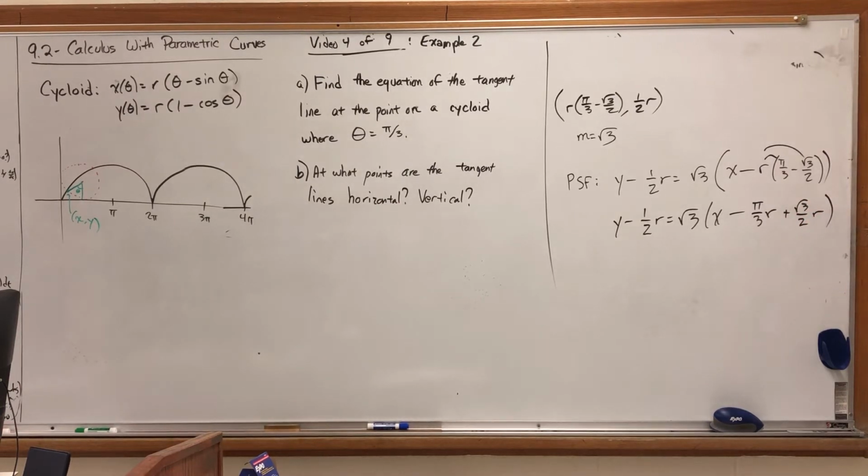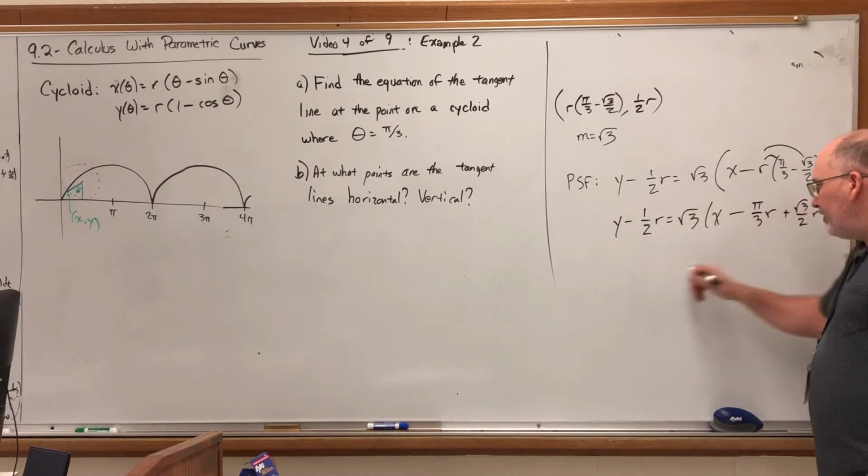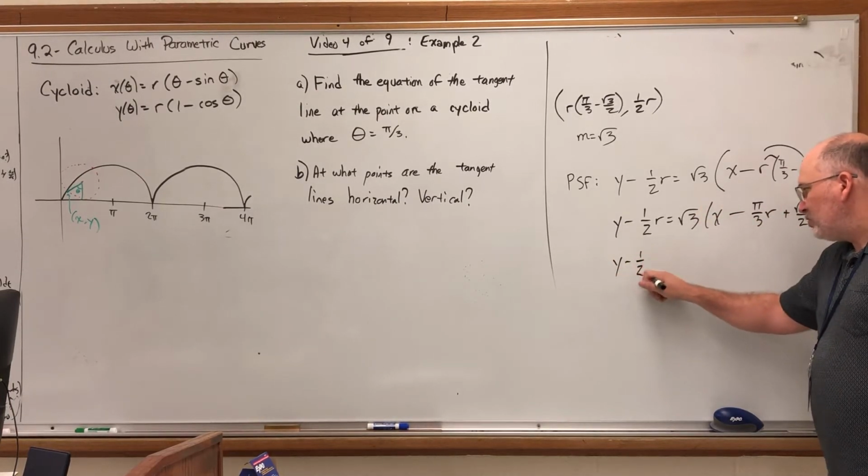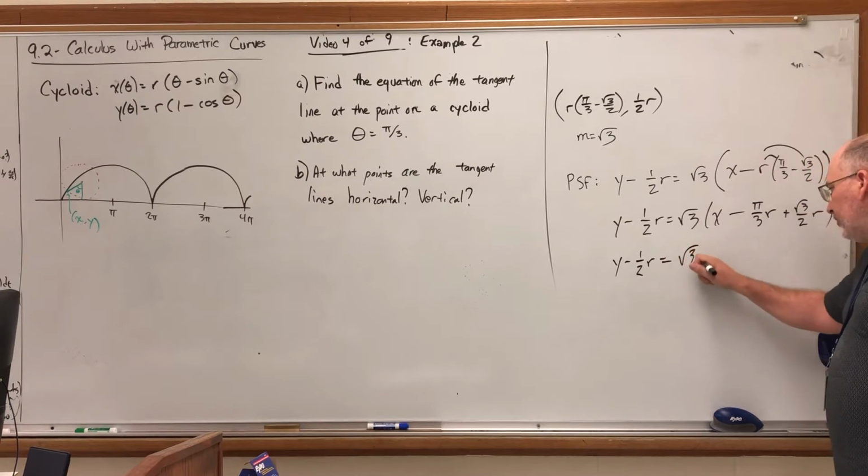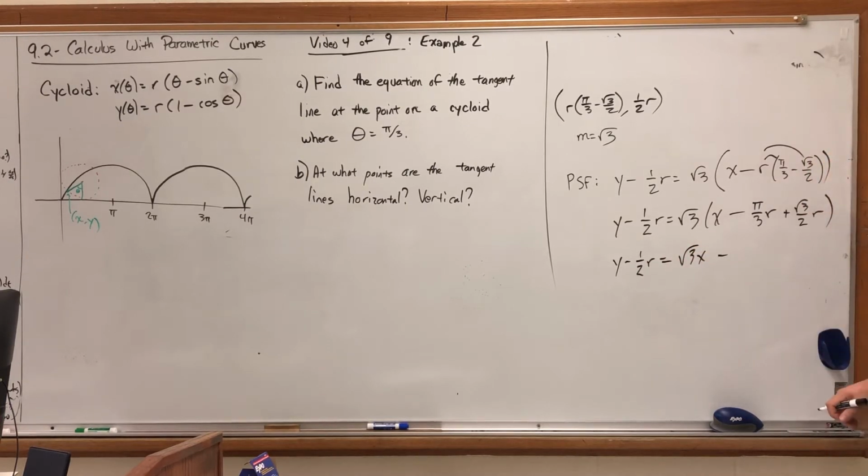And now we can distribute the square root of 3 to get rid of the other parentheses. Y minus 1/2 r equals the square root of 3 times x minus, all right, we just got a big mess here. We'll say pi square root of 3 over 3 r plus, there's a small ray of sunshine here. When we distribute the square root of 3 to the third term in the parentheses, square root of 3 times the square root of 3 is 3, and we get 3/2 r.